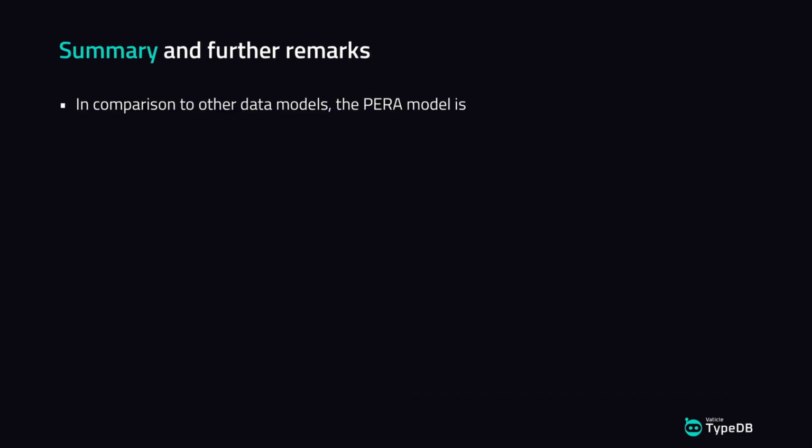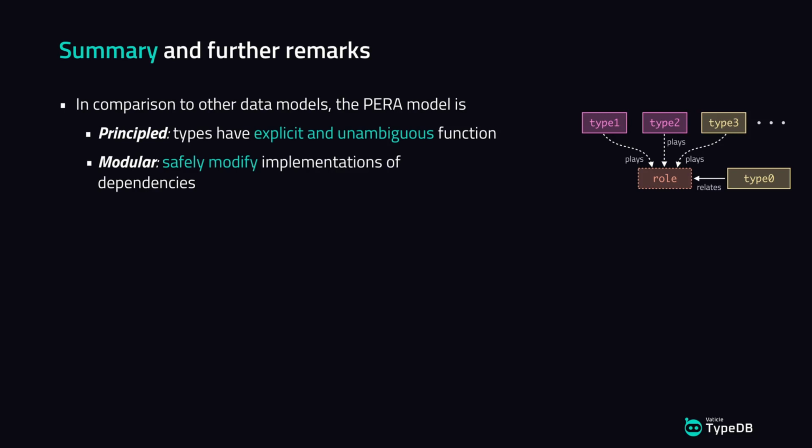To summarize, in comparison to these other models, we've seen the Pira model is principled. We have explicit and unambiguous functions of our types. It's more modular. We can very safely modify implementations without breaking dependencies, and that makes the model much more flexible.